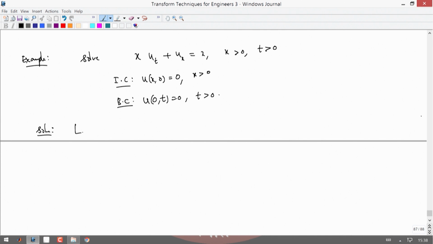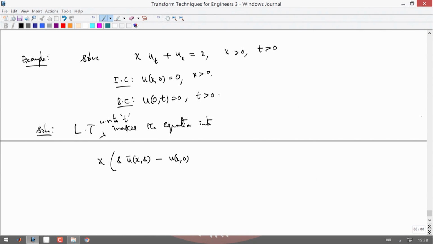So, if you want to solve this, use the Laplace transform with respect to t, which makes the equation into the following. x is a constant here, and u t is s times u bar of x s minus u at x 0, that is 0.